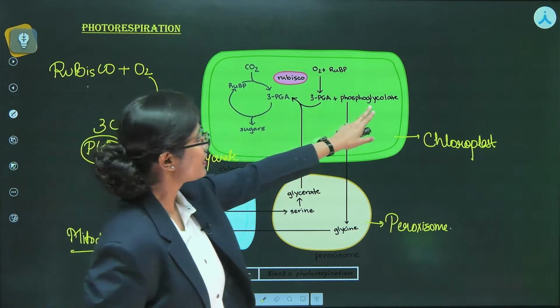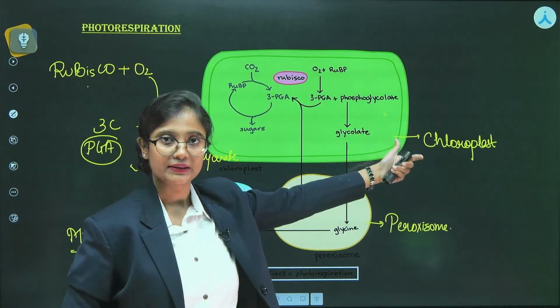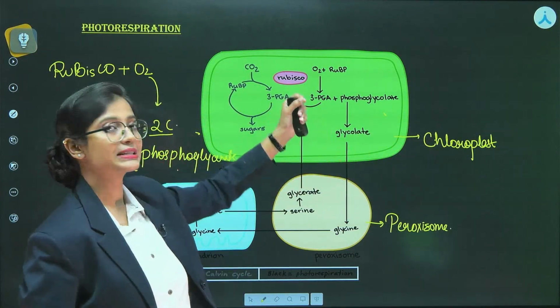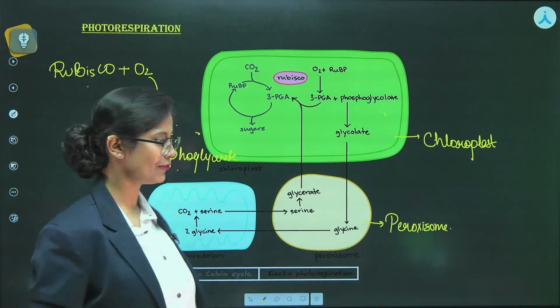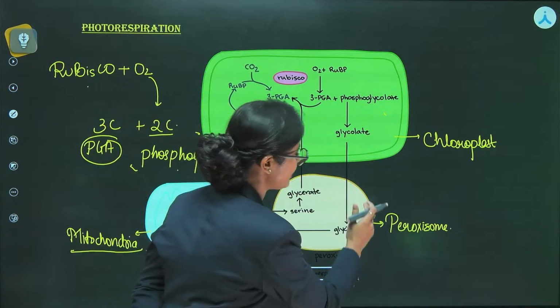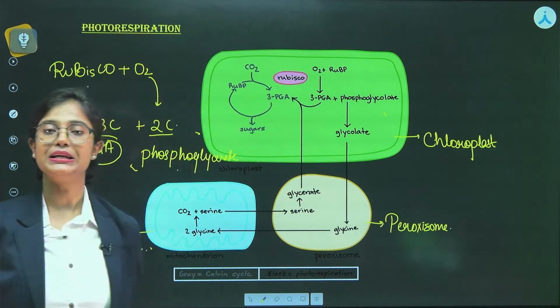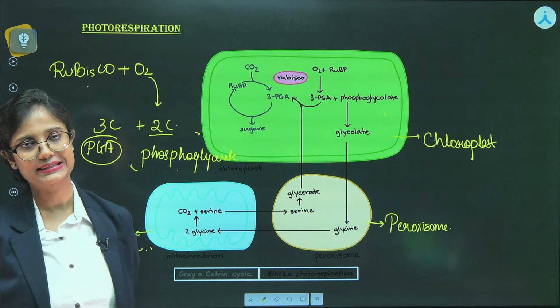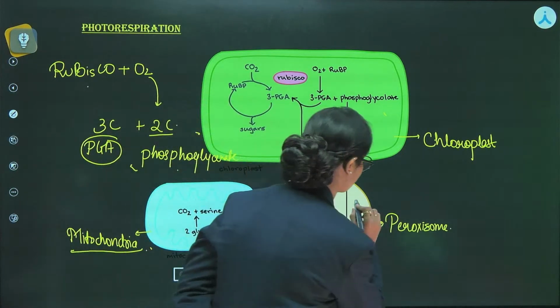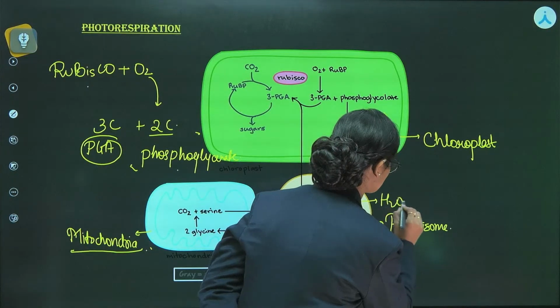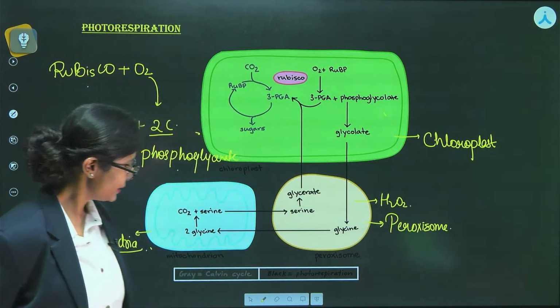So the phosphoglycolate that was formed in the chloroplast will get converted into glycolate in the chloroplast itself. Then it will move to the peroxisome and lead to the formation of glycine, which is an amino acid. And here our peroxide is also formed, that is H2O2, right?